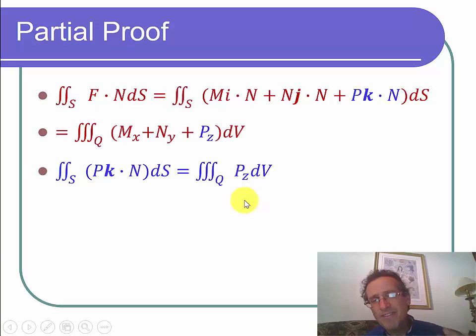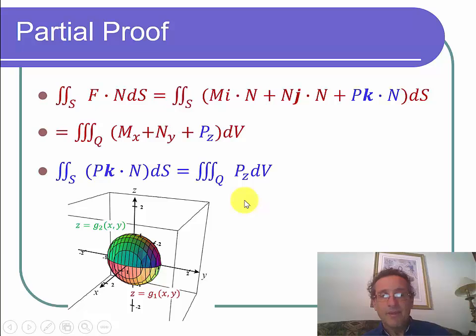And I'm going to make one further simplification to make life a lot easier. And that is, I'm going to assume that this surface S is bounded below by a function g1 of xy and above by a function g2 of xy.